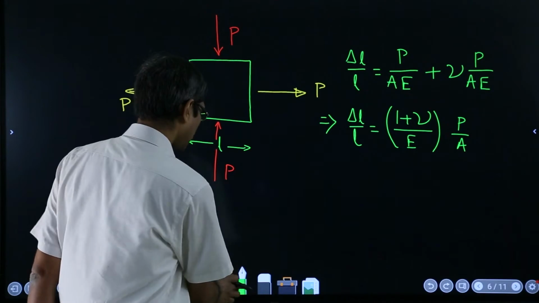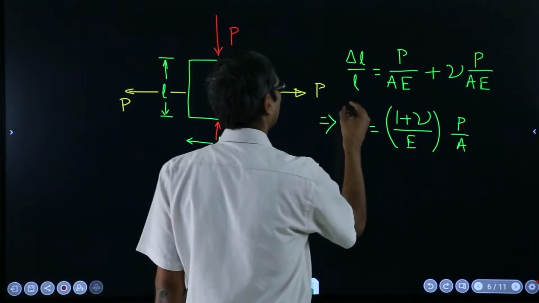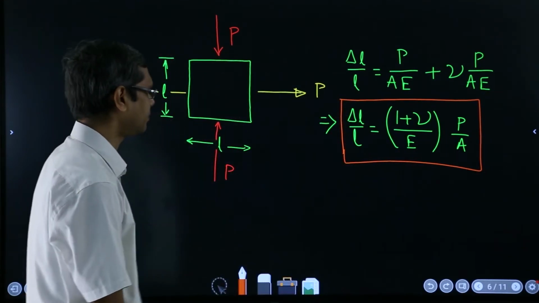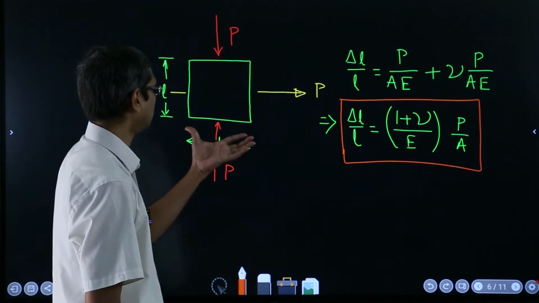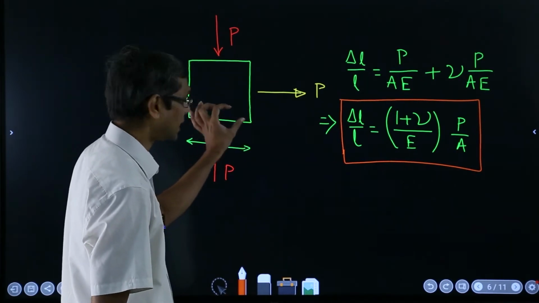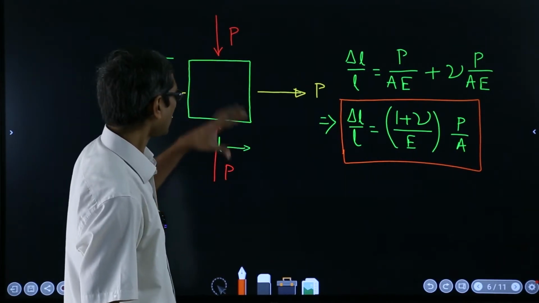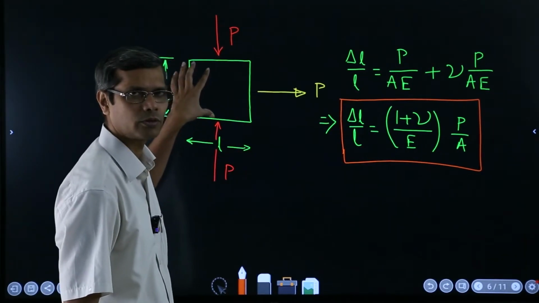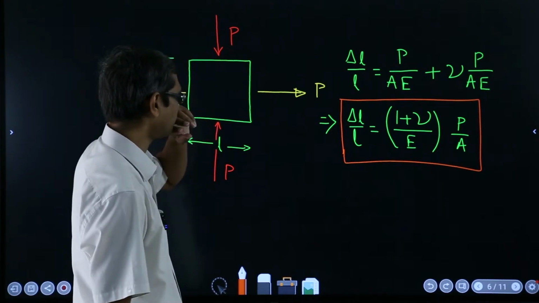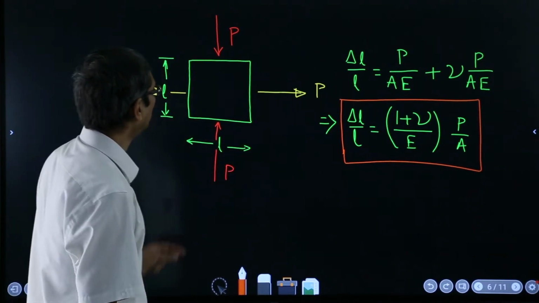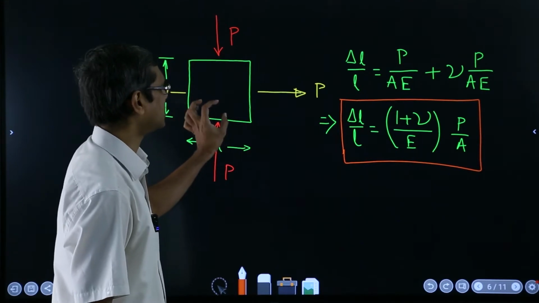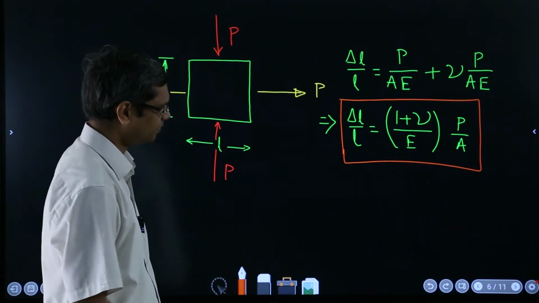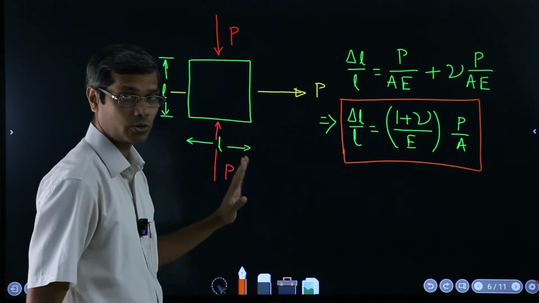So, please keep this result in mind, keep it aside. This is the change in length in the tensile direction, because in the compressive direction the magnitude is the same, but it will be negative, so that it will be compressed. Magnitude wise it will be the same, and this is the elongation or the strain in the x direction, in the tensile direction, when P and P are to be kept in mind.